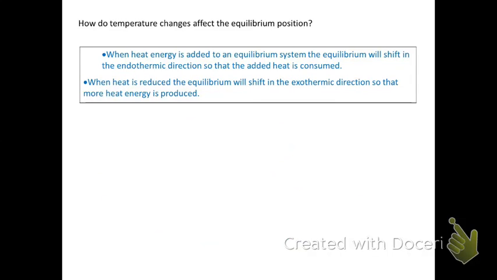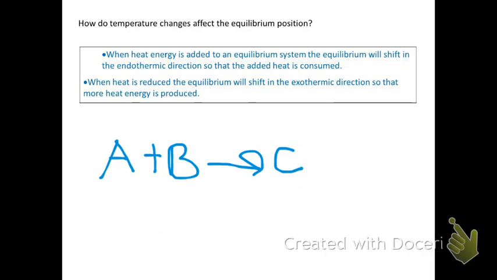Now what about temperature? Well, let's say we have a reaction of A plus B, and it's going to produce C. And let's say that the reaction delta H is negative, and so this is an exothermic process.